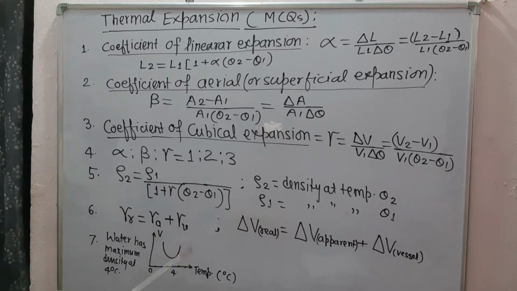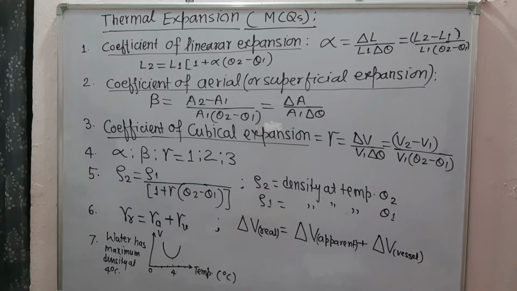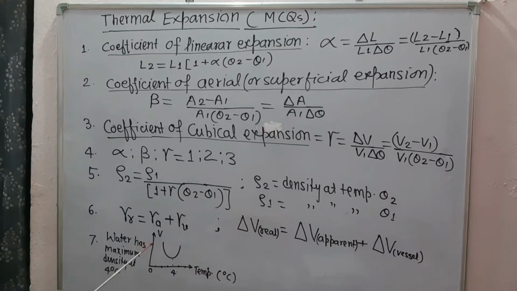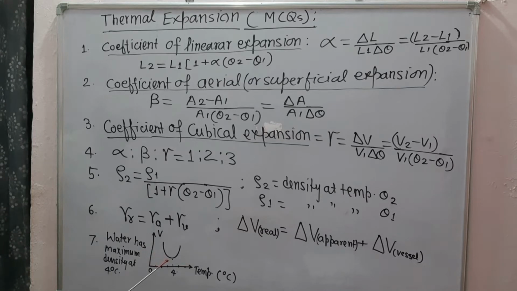Now, this curve shows the anomalous expansion of water, which has a special type of behavior. From this curve, we see that when the temperature of water is increased from 0 degree Celsius, then its volume initially decreases and becomes minimum at 4 degrees Celsius. Then it further increases.